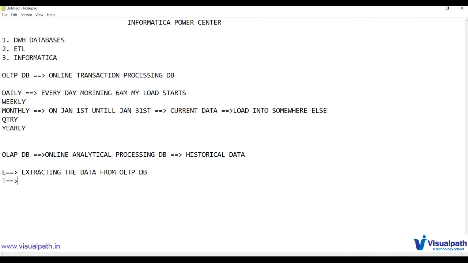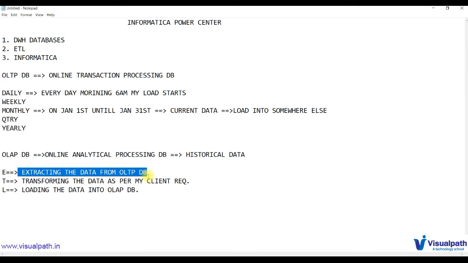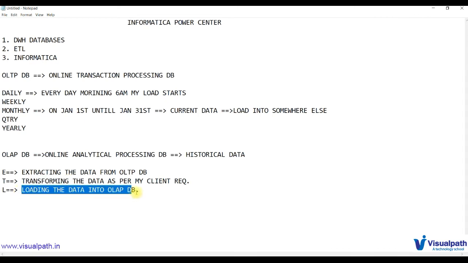T means transforming the data as per my client requirement. And finally, L means loading the data into the OLAP database. So I'll do extraction from my OLTP database, in between I'll do some kind of transformation, and finally I'll load my data into my OLAP database.